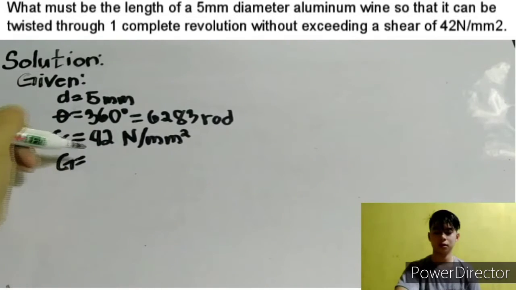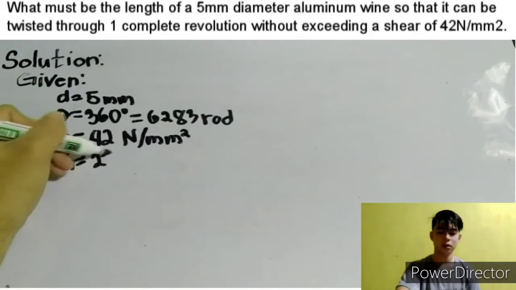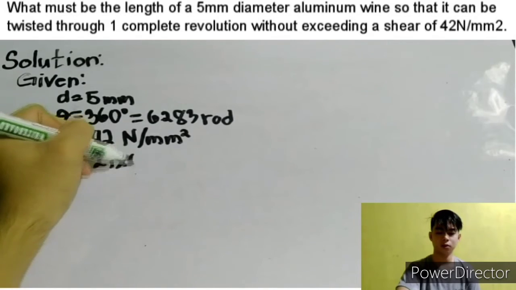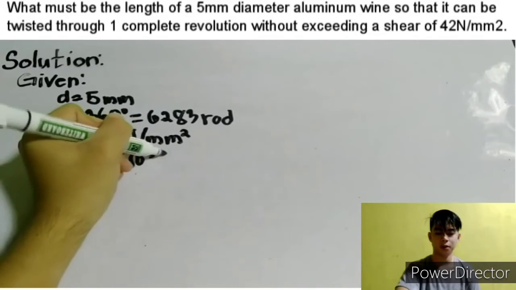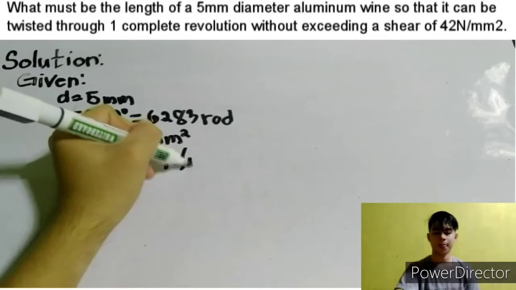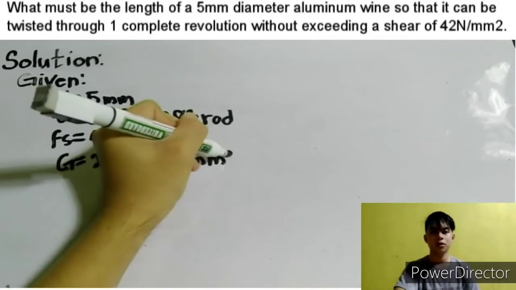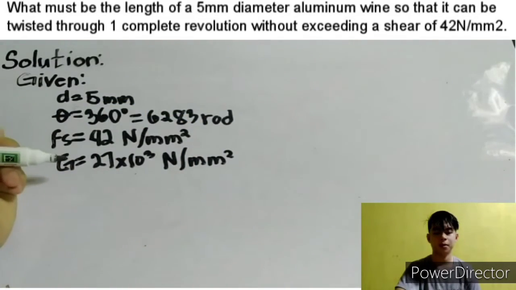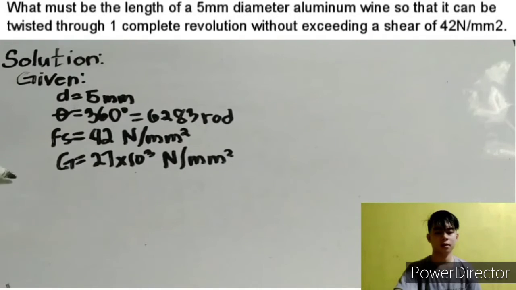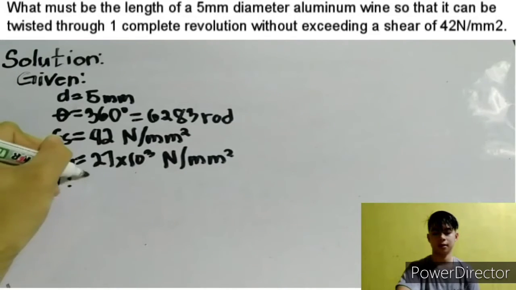Shear modulus is equal to 27 times 10 raised to 3 Newton per millimeter squared. The problem is asking the length of the aluminum wire, so the required is length.